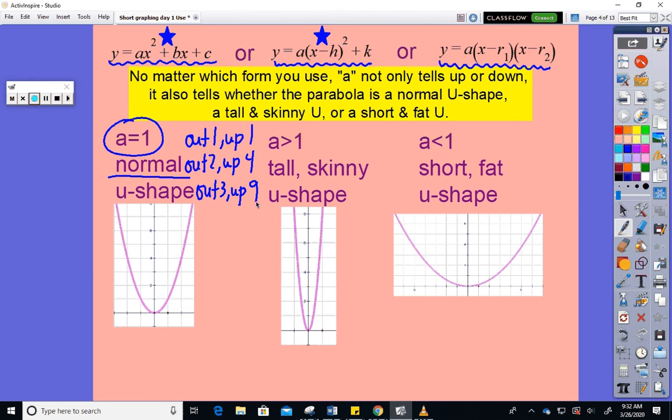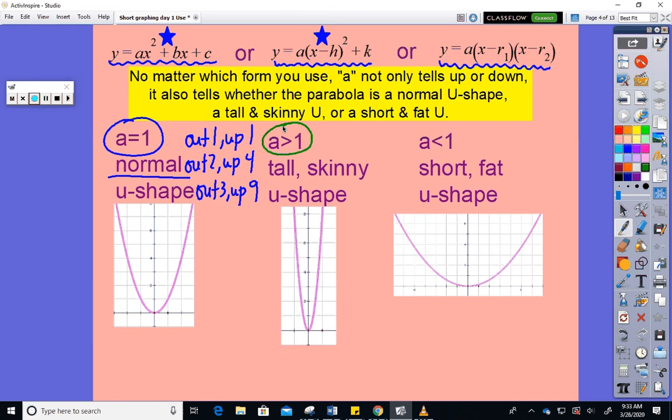All right, that's normal. If I look at A as greater than 1, like if A is 2 or 3 or 4 or 5, or if A is negative 2, negative 3, negative 4, negative 5, same thing, those would just be upside down. This is telling you that you're going to get a tall, skinny U shape, and we're going to work on those A value counts.